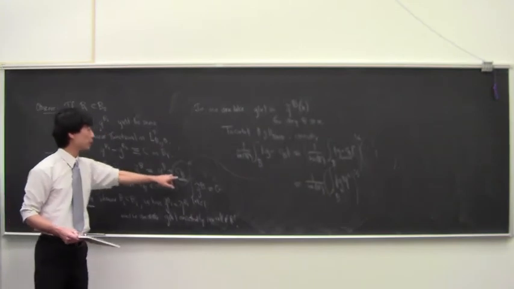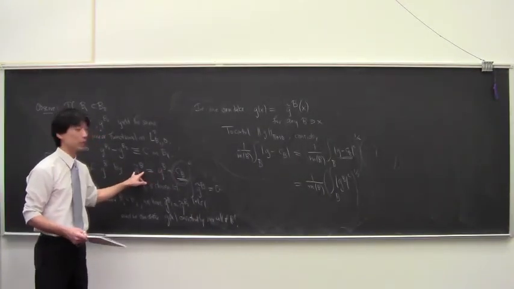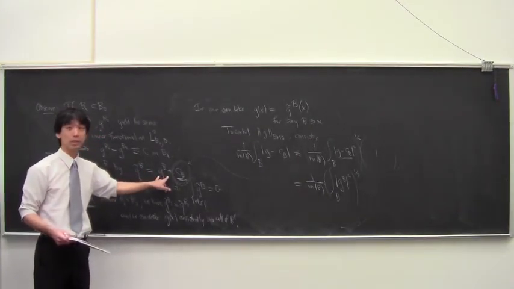You subtract CB off from G, you get G super B.